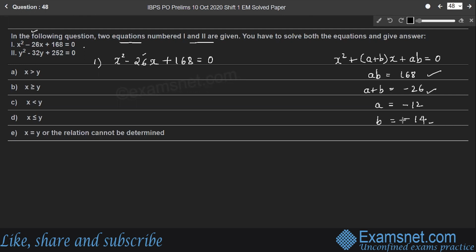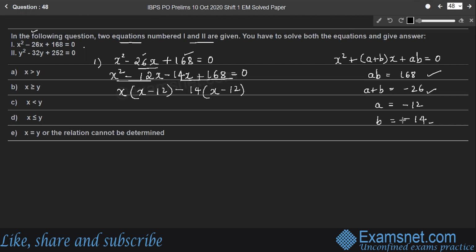Therefore, the middle term minus 26x can be written as x square, minus 12x minus 14x. And the remaining term is plus 168 is equal to 0. Right? So take first two terms where x is common. x into x minus 12, minus 14 is common in the last two terms into x minus 12.